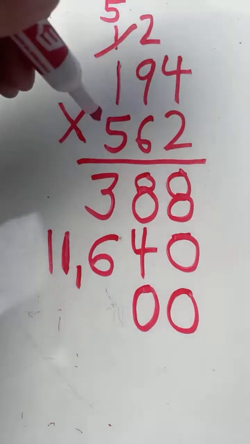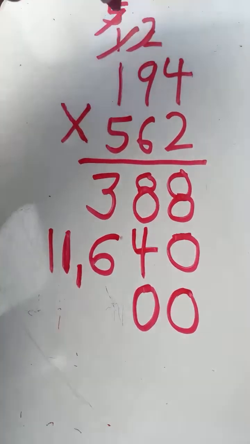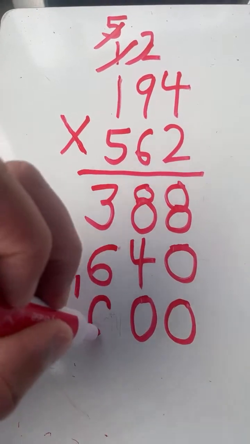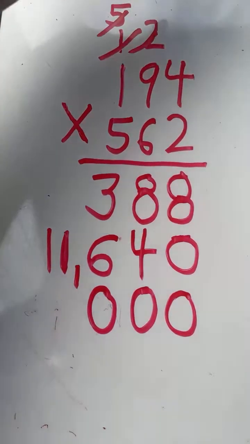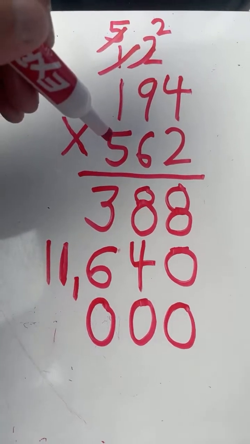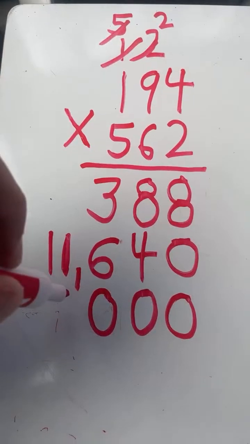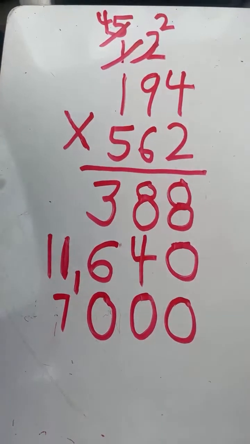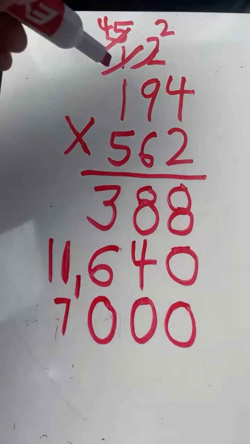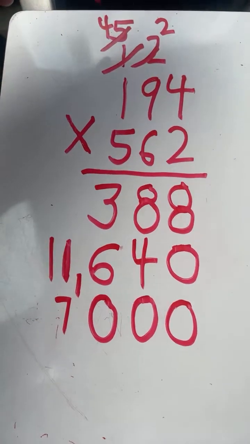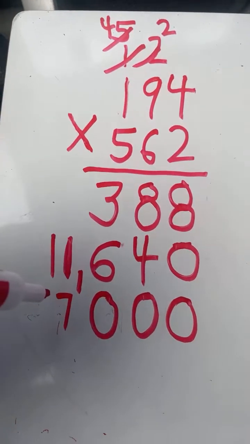So 4 times 5 equals 20. 0, carry the 2. 9 times 5 equals 45, plus 2 equals 47. 7, carry the 4. Running out of room here. 1 times 5 equals 5, plus 4 equals 9.